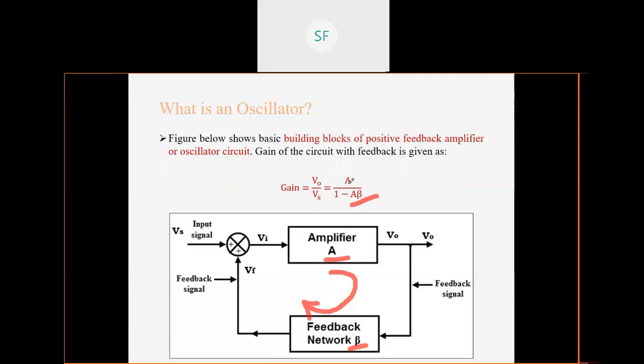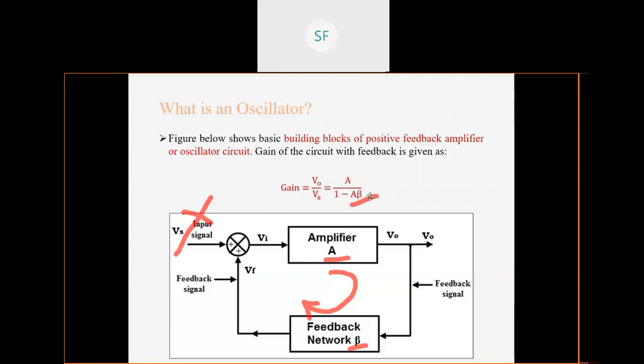Your circuit will provide you oscillations without any external input signal, because when A into beta becomes equal to 1, 1 minus 1 becomes 0. That means the denominator part will become 0. Vs is also in the denominator, so Vs will also equal 0.